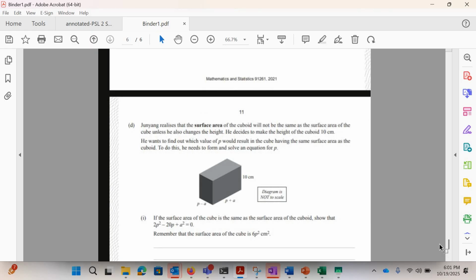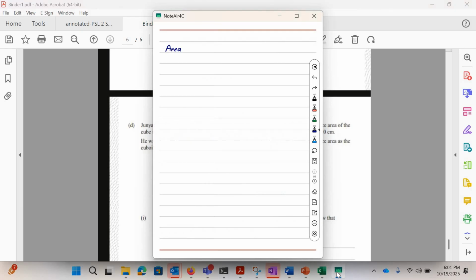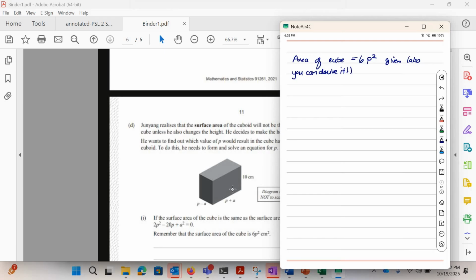It's given, but also you can derive it. We're going to have to derive it here, but here you have to do it yourself.